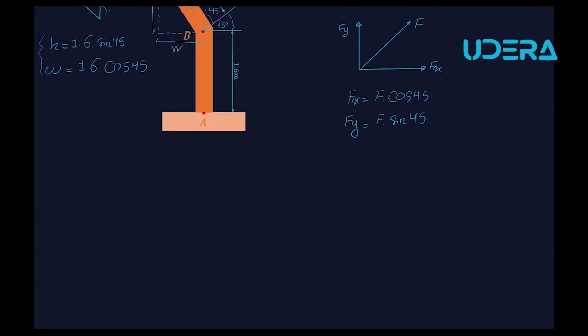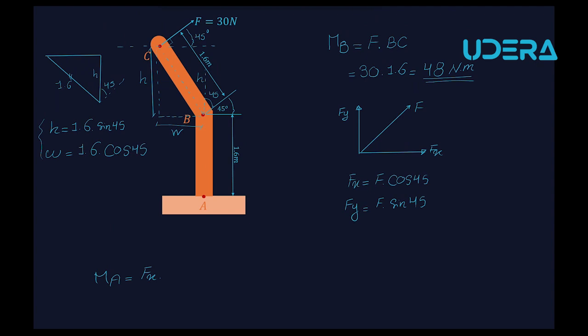Now, the moment about point A will be Fx times the vertical distance, which is H plus 1.6, and H is known, which is 1.6 times sine of 45 plus another 1.6, which is the dimension of this portion of the bar, plus Fy times, now Fy is here.